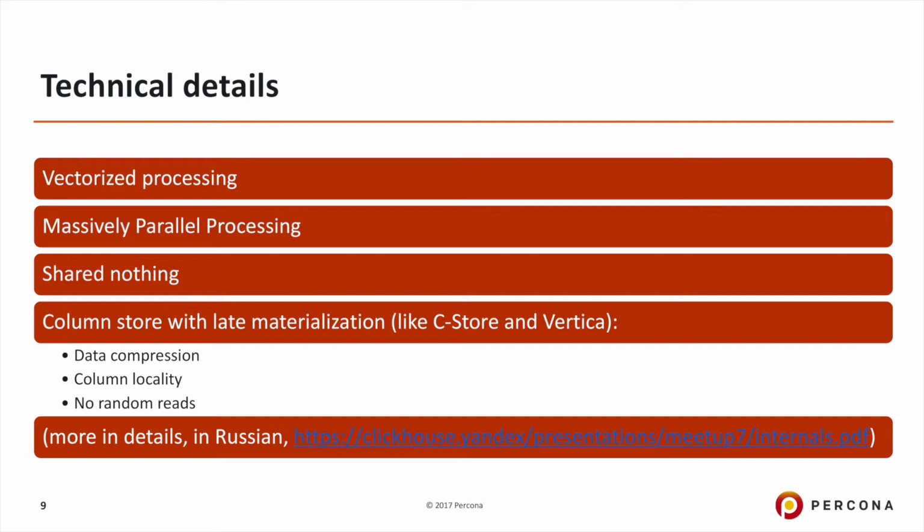They are shared nothing on multiple nodes. ClickHouse is a column store system with late materialization, which allows them to achieve very good data compression. They provide column locality, and there are practically no random reads. All massive data handling is done in sequential reads.